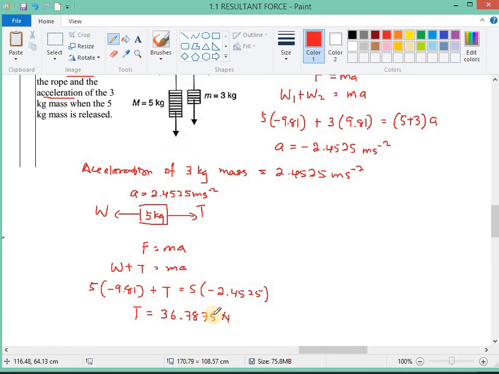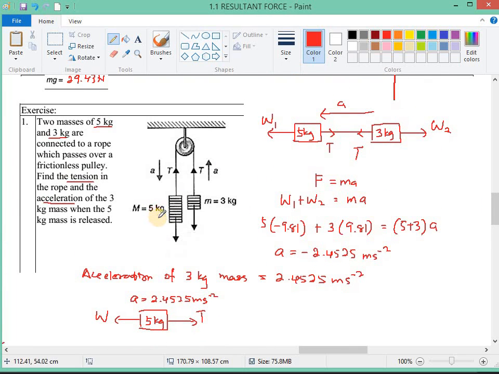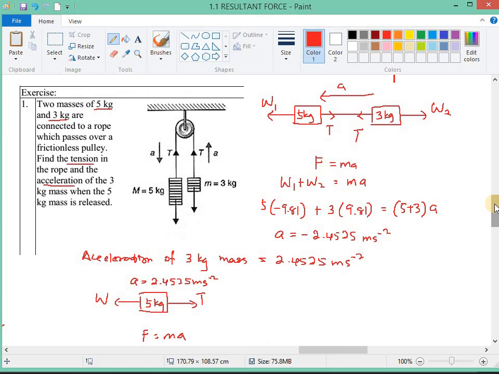This tension is positive, because from the perspective of the 3 kilogram it is going upward. When we calculate tension, at the end we have to put the tension as positive in the final answer.